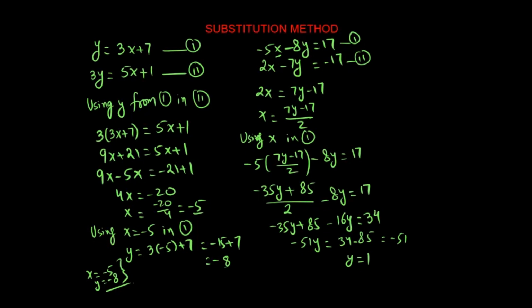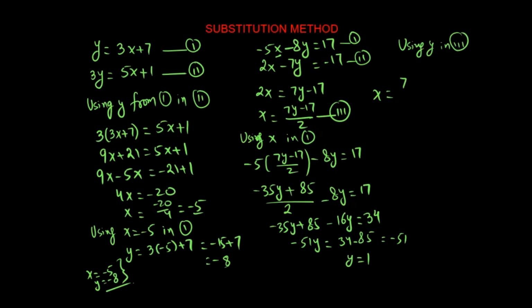Now that we have y, this equation I'll call it number 3. Now I will find x using y in equation 3. I have x equals 7 times y minus 17 over 2.